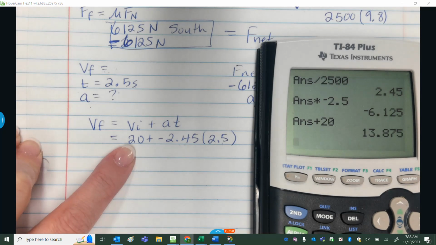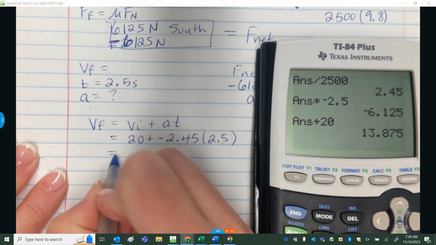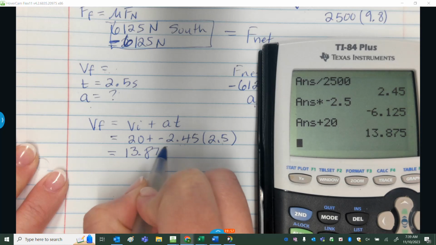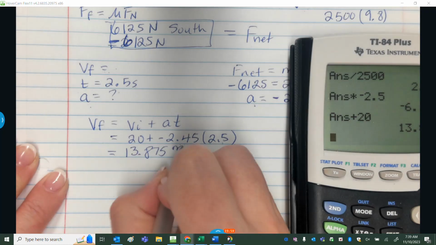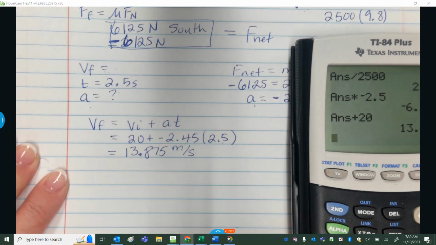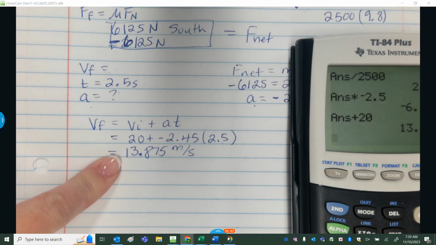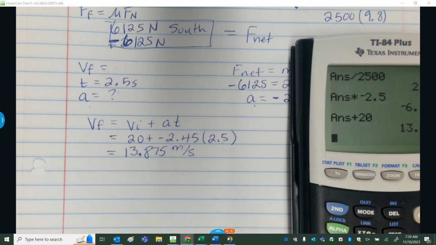And we get our final velocity equal to 13.875 meters per second. So we haven't stopped yet. We have slowed down, but we're still moving forward. So that was part C of the question.